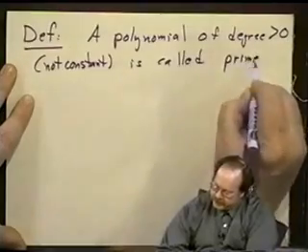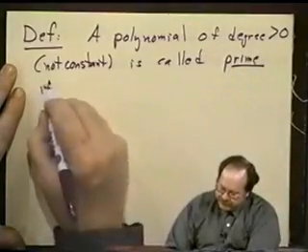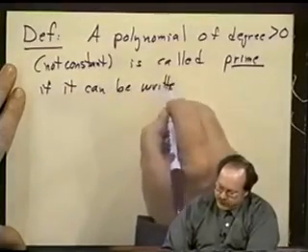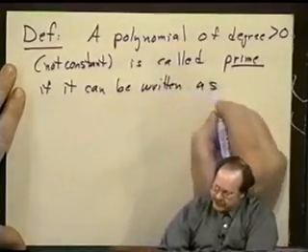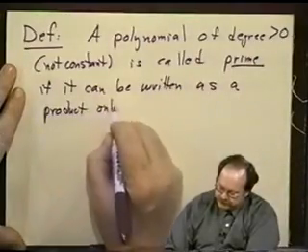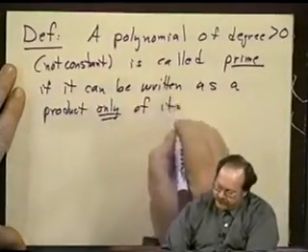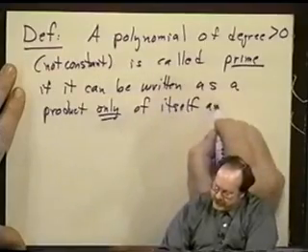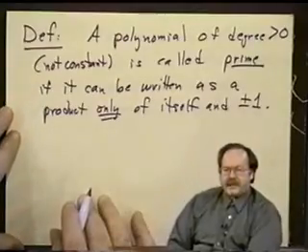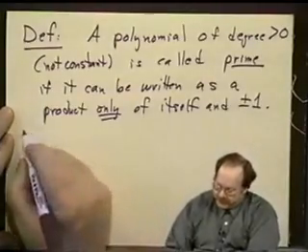Okay, such a polynomial will be called prime if it can be written, well, you can probably guess what's coming up, as a product only of itself. And we have to add plus or minus 1 here, but it's the same idea. It's a product only of itself and plus or minus 1.